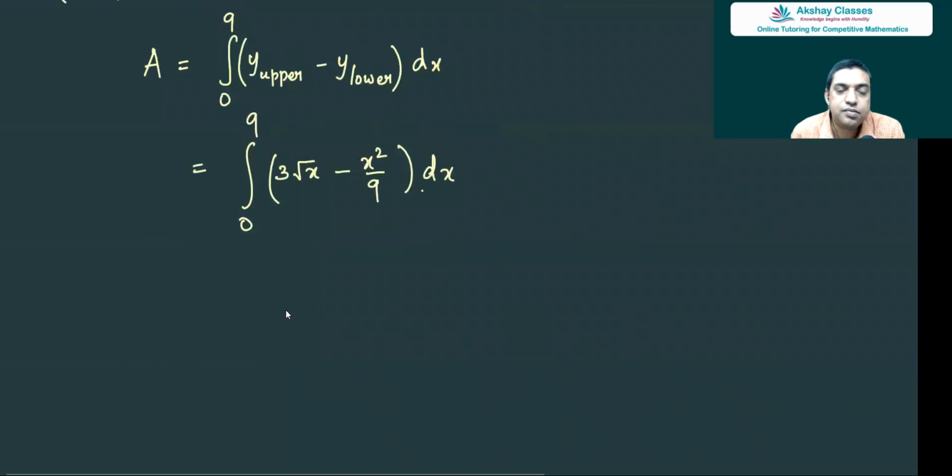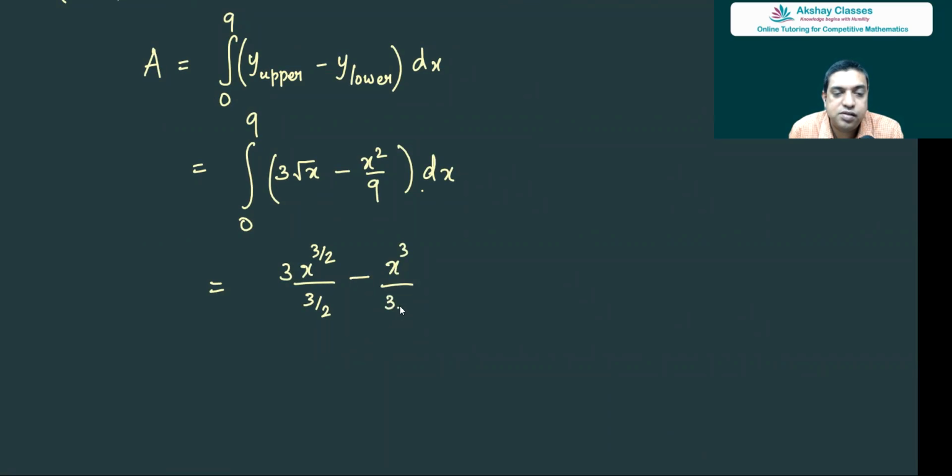Now integrating: 3x to the power 3 upon 2 by 3 upon 2, minus x cube by 3 into 9, from 0 to 9.